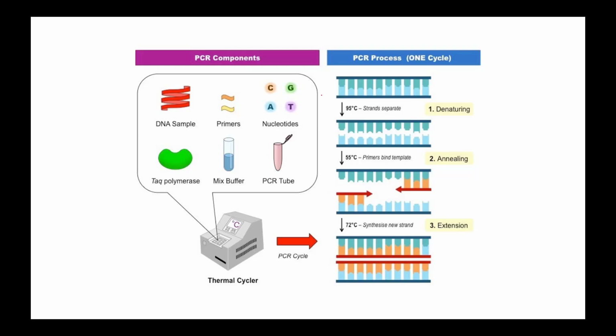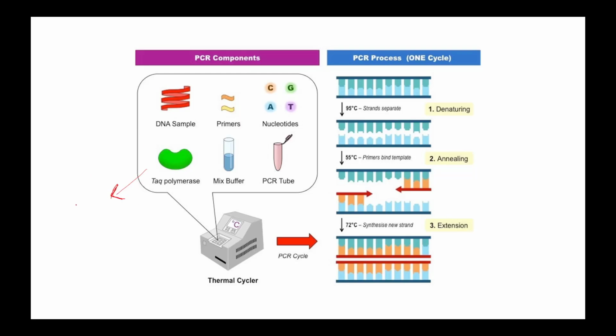We should have the nucleotides, so that during the extension step, the nucleotides will be added to make the complementary base pairing and to synthesize the new strand of the DNA. We need Taq polymerase to perform the function, which is generally purified from the Thermus aquaticus organism.